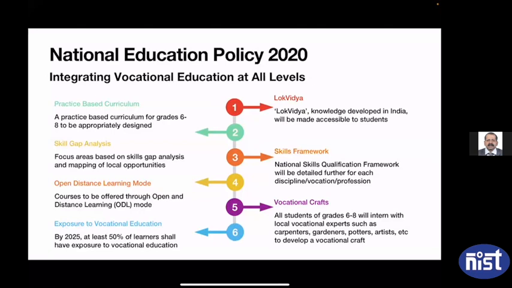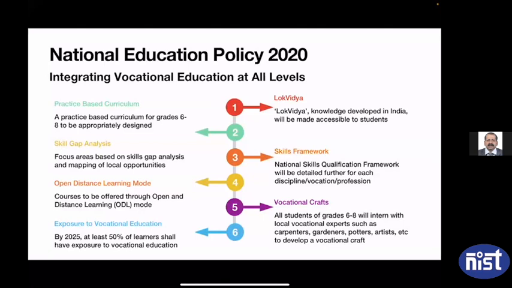For skills framework, the national skill qualification framework will be detailed for each discipline, vocation or profession. And all students of class 6 to 8 will intern with local vocational experts, such as carpenters, gardeners, potters, artists, etc., to develop a vocational craft.